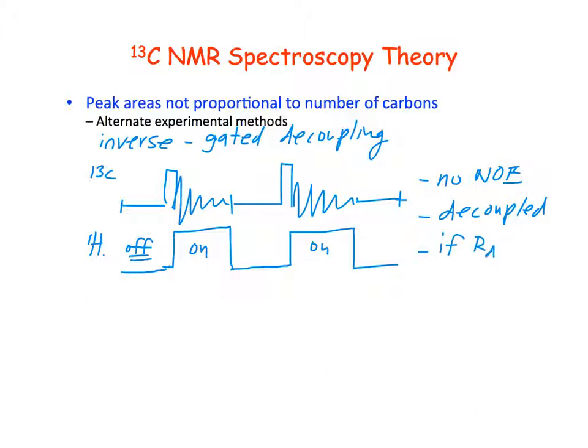All right, so with this one, if the relaxation delay is long enough, so if we make this very long, 5 times whatever the T1 values are for the slowest relaxing carbons, then we can integrate.